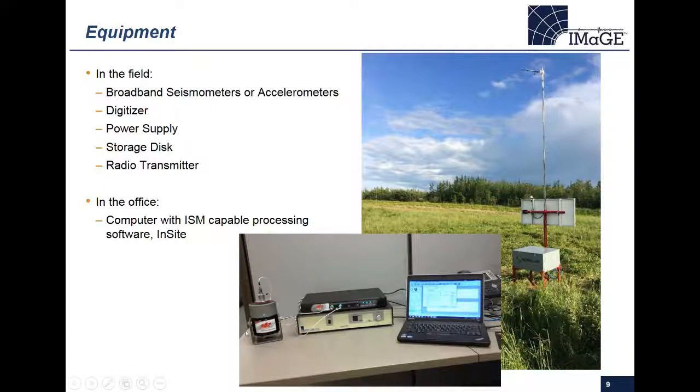You can see the broadband seismometer on the left here, a power pack and a digitizer in the center, and then a laptop for scale on the right. So it's small equipment, doesn't need a big footprint, and can be easily placed in the field, just a bit away from your frac site to try and reduce any noise generated from that.